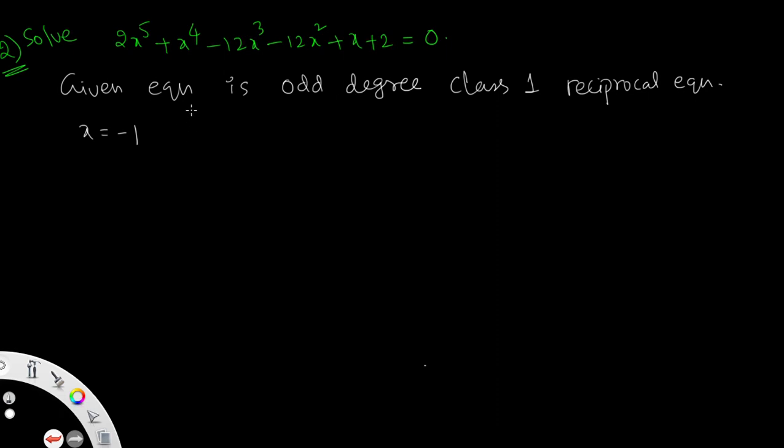Because putting x equal to minus 1 gives minus 2 plus 1 plus 12 minus 12 minus 1 plus 2, and the total becomes 0.